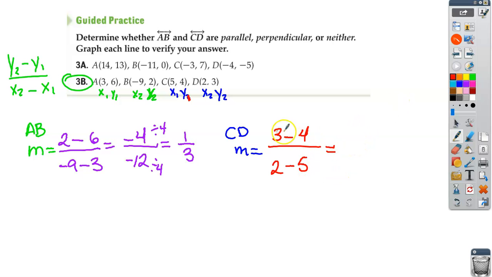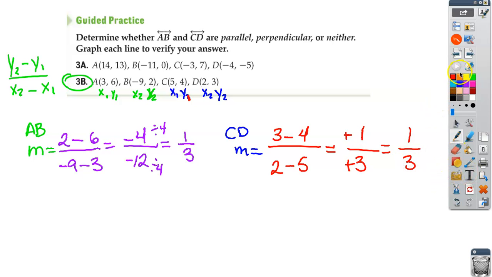Simplifying, I get 3 minus 4, which is negative 1, over 2 minus 5, which is negative 3. Both are negative, which means they're actually positive. So that is just a positive 1/3.